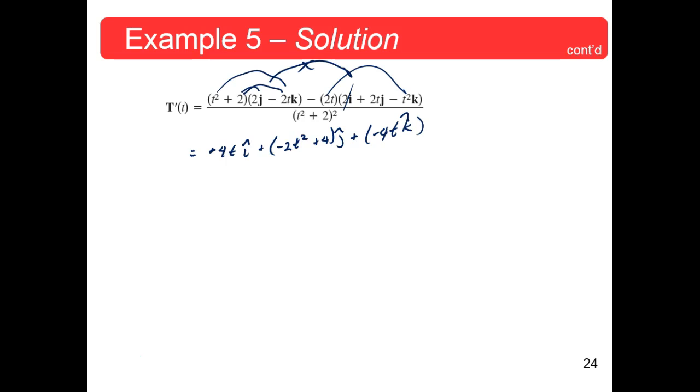So minus 2t cubed k and a plus 2t cubed k. So that adds to 0. It leaves you just with a minus 4tk. I think that's what I wound up with before, but I wasn't certain. Now that's your T prime of t.